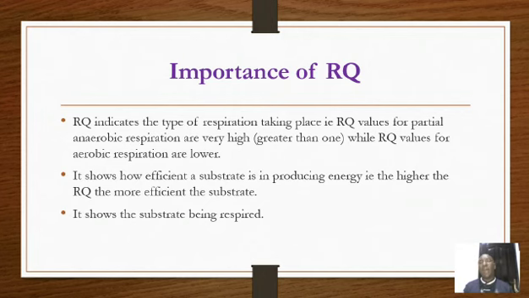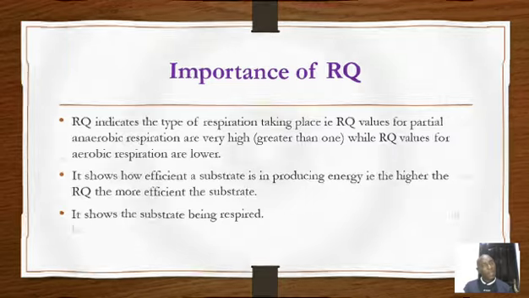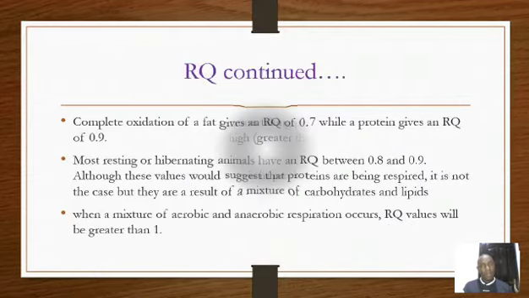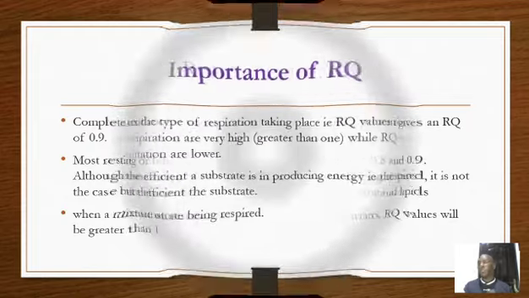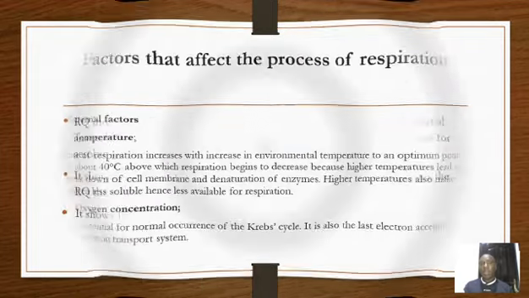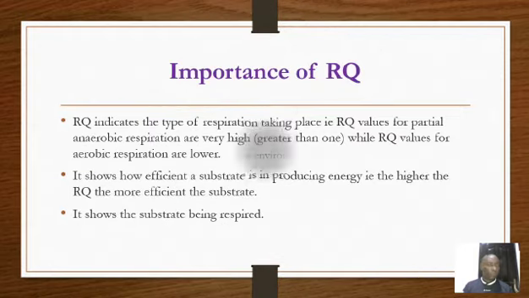Therefore, the higher the RQ, the more efficient is the substrate in generating energy. Then it shows the substrate respired, like we have already seen: 0.7 lipids, 0.9 proteins, 1 carbohydrates. So that is about RQ and the factors, and the importance of RQ.